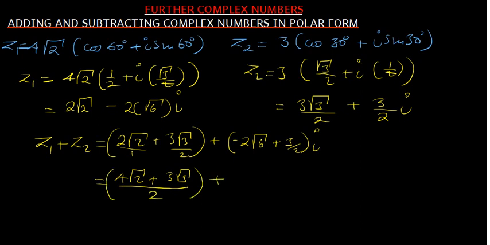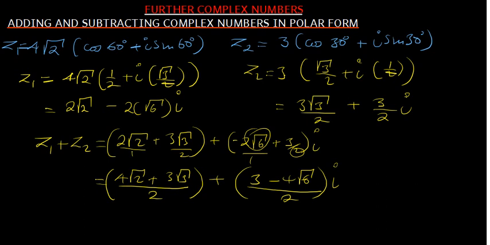And then the other side also, this times this will give us a negative 4 root 6. There's a denominator of 1 here. 1 times the 3, it is a positive 3. Let me write it in front there. And then 1 times 2, that will be a 2. So that will be now the addition of those two complex numbers.